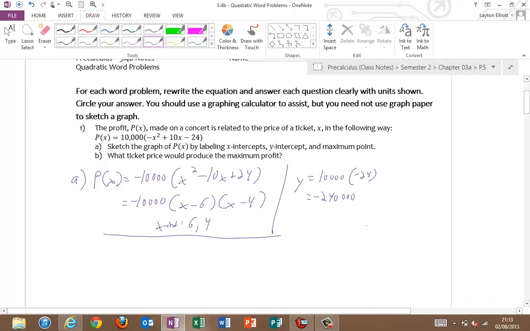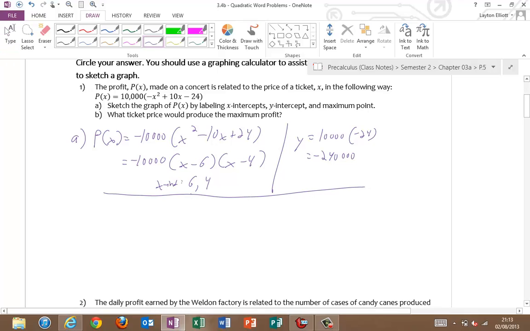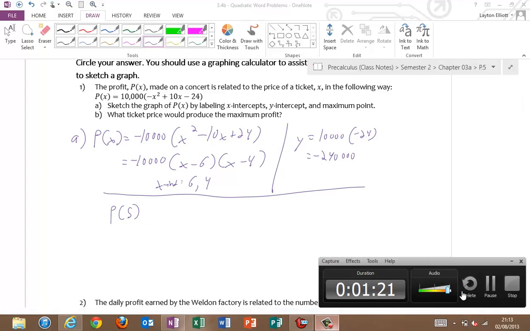Finally, if I wanted to look for a maximum point, I could go halfway between the two x-intercepts and ask, what is p of 5, because 5 is halfway between the x-intercepts.